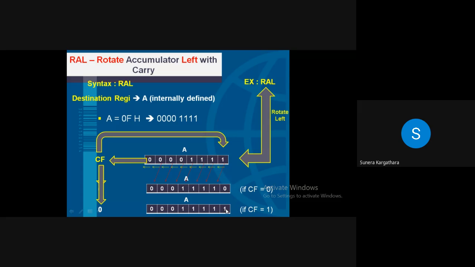Here, can you check here? This 1 bit will be shifted towards left by 1 position, and आपका जो D7 bit, most significant bit था, वो कहाँ पे गया? Carry bit में. Is it clear, student, how this RAL will work? Yes or no? Yes, ma'am.